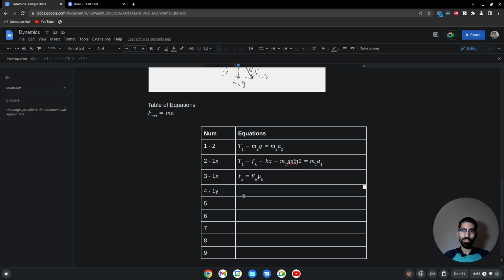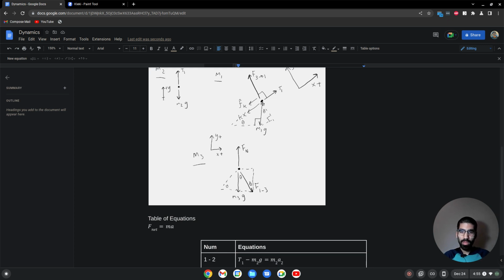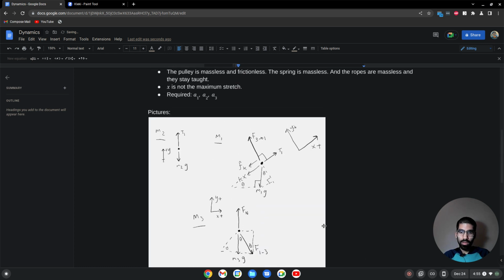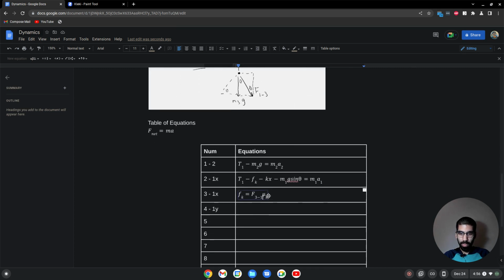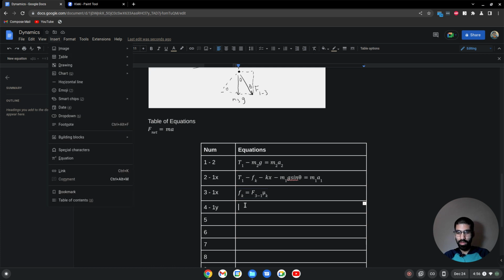Now we can move on to the y direction. So in the y direction we have the force from 3 onto 1, which is the normal force. So I'm just going to replace Fn with F3 onto 1. That's in the positive direction, and then you're taking away the vertical component, or I should say the y component, of m1g.